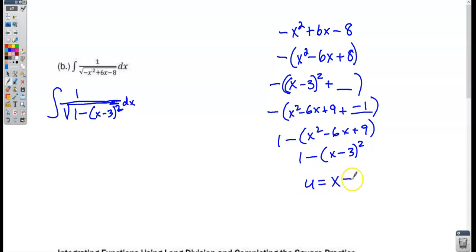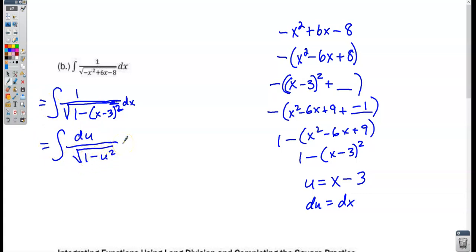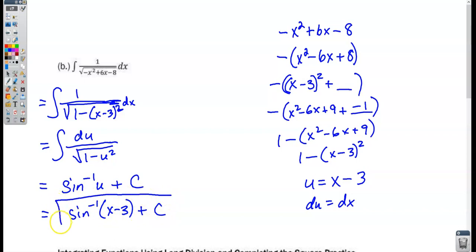We use u equals x minus 3, so du is equal to dx, and this turns into the integral of du over the square root of 1 minus u squared. And so taking the antiderivative of this is going to be the arcsine of u plus a constant. And then I bring my u back. And boom, there's my integral.